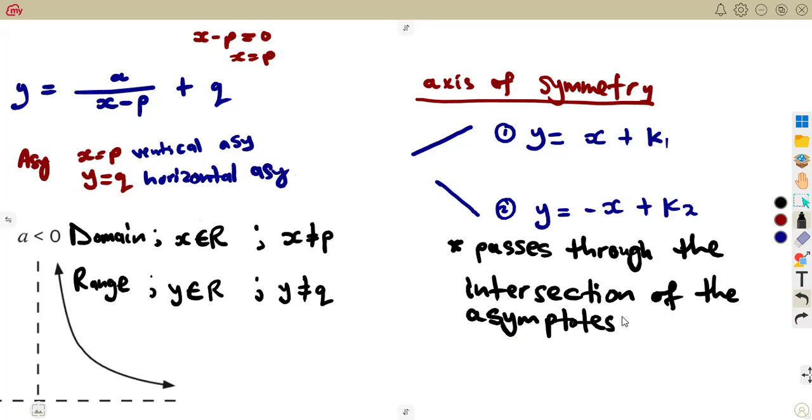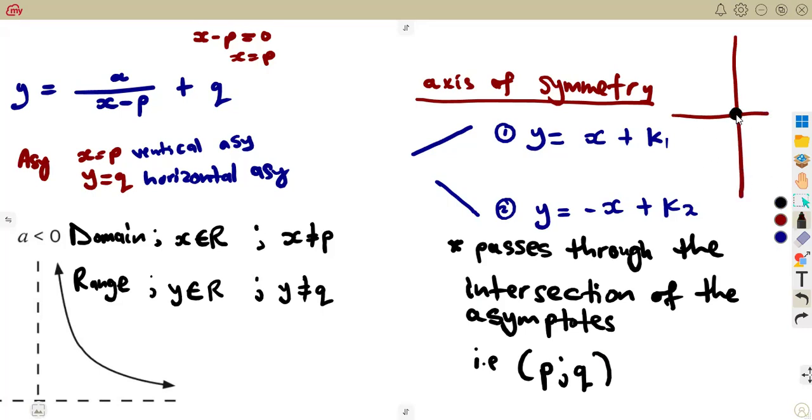So that is at point P, Q. If the point P, Q represents the intersection of the asymptotes, remember these are two equations. x is equal to p, maybe it's like this. y is equal to q, it's like this.